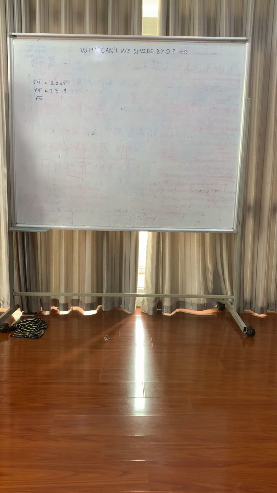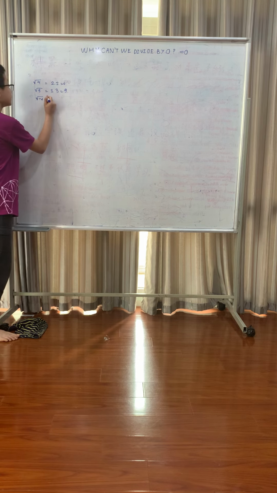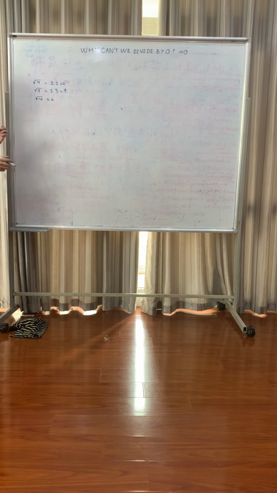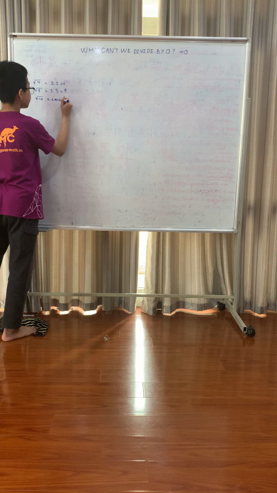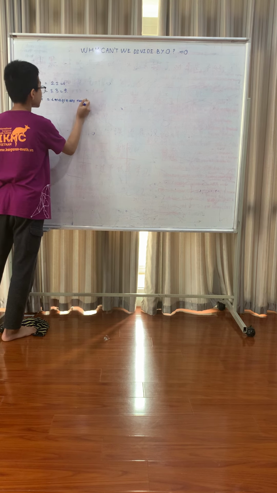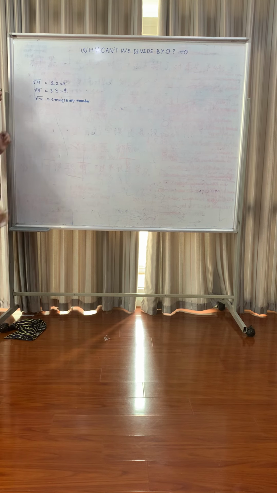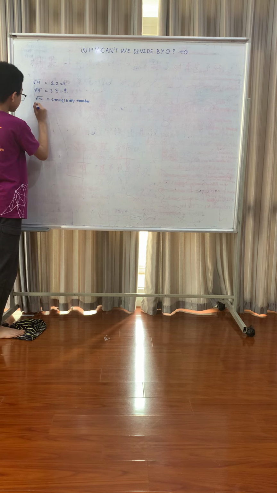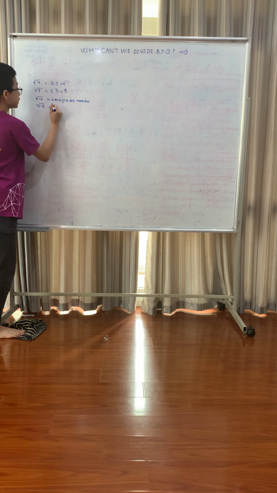But mathematicians in the past decades and centuries have defined the square root of -1 to be i. i stands for an imaginary number, because imaginary number means that it isn't a real number. It just stands for i. So the square root of -4 is equal to 2i.